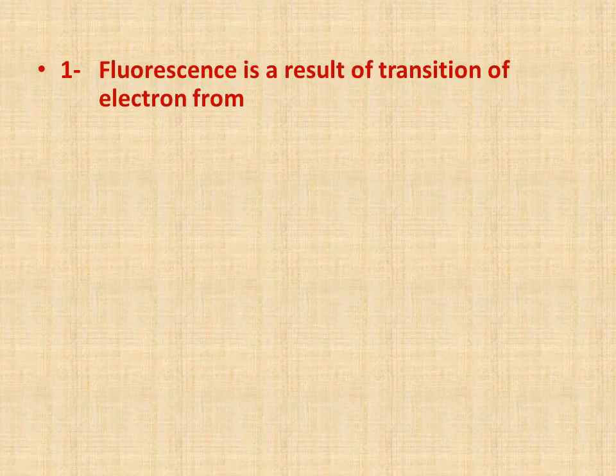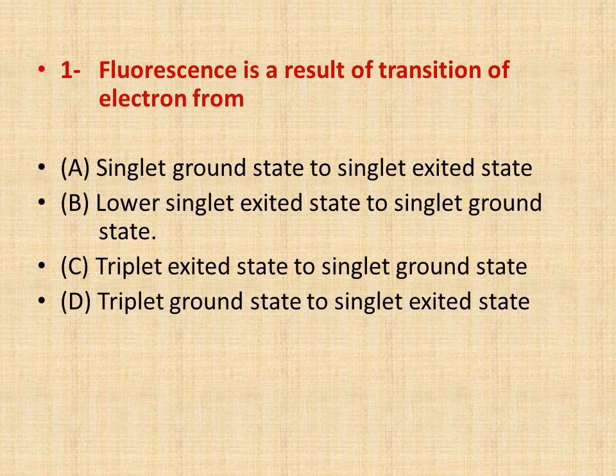So here's question number 1. Fluorescence is a result of transition of electron from, let's see the options. A, from singlet ground state to singlet excited state. B, from lower singlet excited state to singlet ground state.